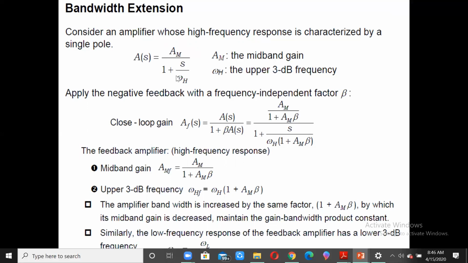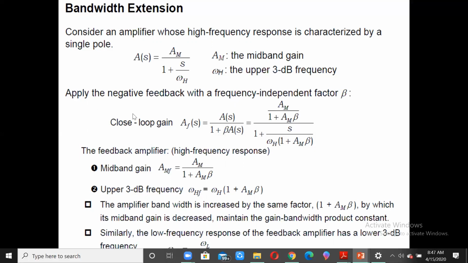Now, if this upper 3 dB cutoff frequency is infinite, then we will have this as 0, and we are left with As equal to AM. So the gain will be equal to the midband gain throughout if the upper 3 dB cutoff frequency is infinite. So this is the upper 3 dB cutoff frequency.